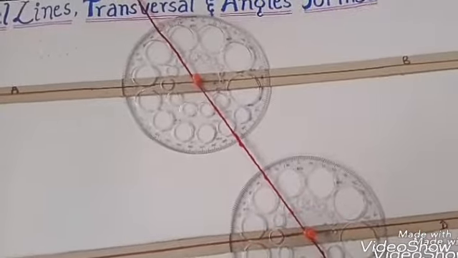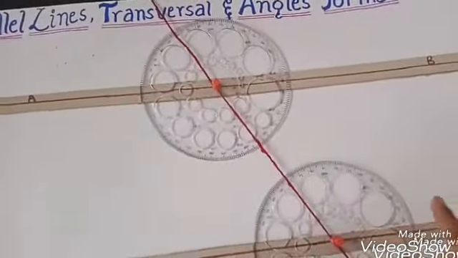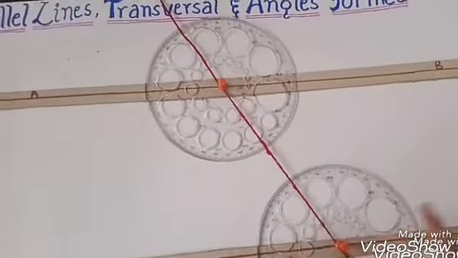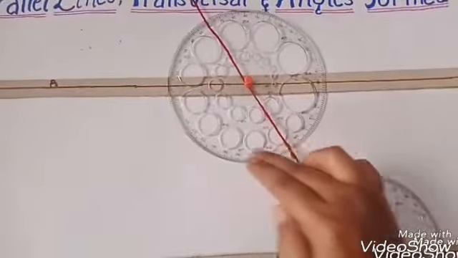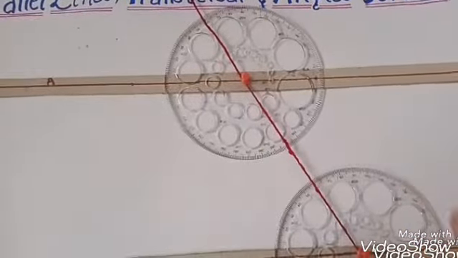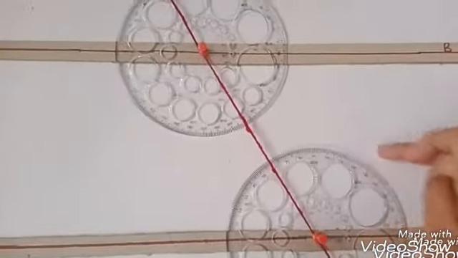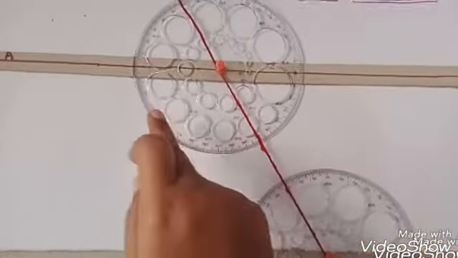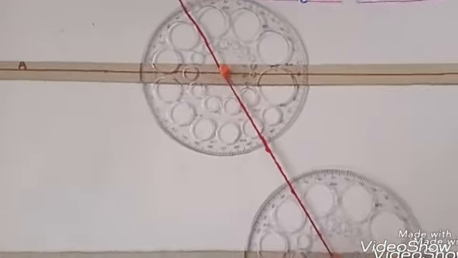Now one more thing we need to know: the letter Z shape you can observe here. This Z shape indicates alternate interior angles. This interior angle and this interior angle are equal. Here you can observe 120 degrees, and this side also 120 degrees. So alternate interior angles are equal.